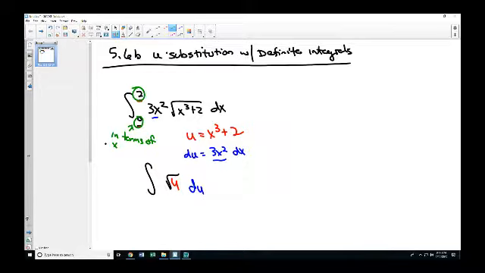The other is to do this whole problem and put them back in at the end. I prefer to put them in right now as u values. So what does u equal? x cubed plus 2. Right, so if I plug 0 in for x, 0 cubed plus 2, this one is 2.